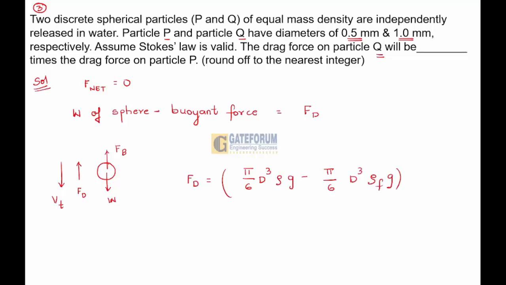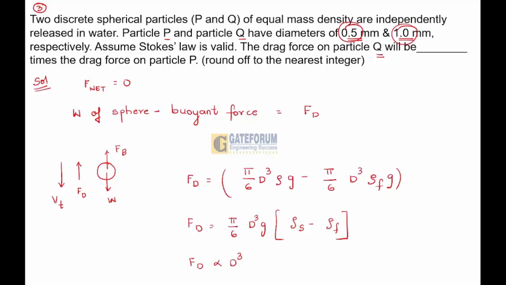So obviously Fd, take pi by 6 d cube into g common. Density of the medium and density of the sphere will be constants. So drag force here will be directly proportional to d cube. For particle P he has given a diameter of 0.5 mm and for particle Q he has given 1 mm.